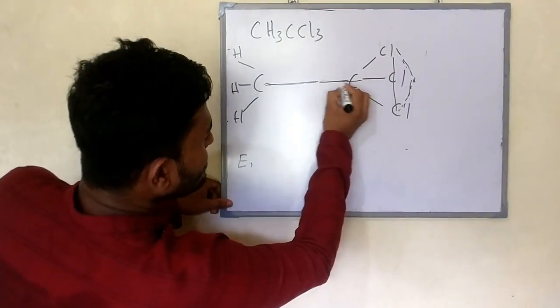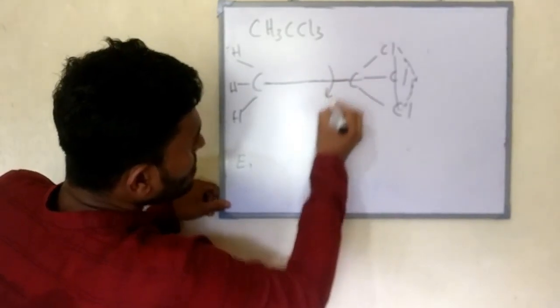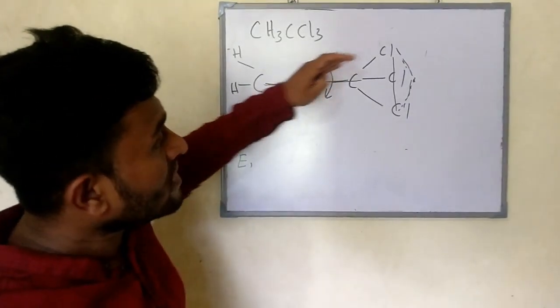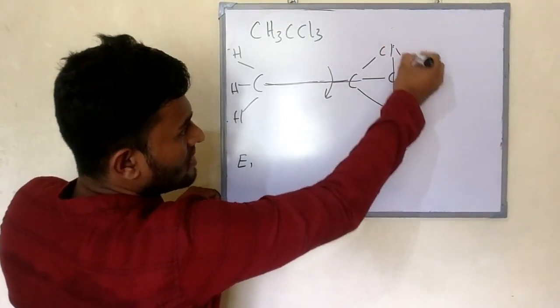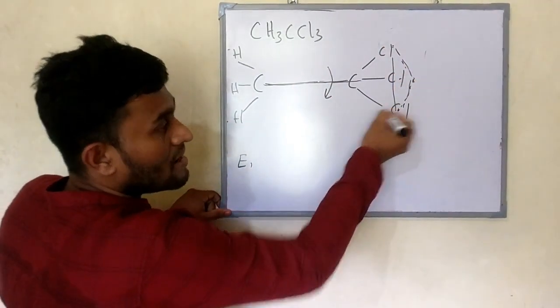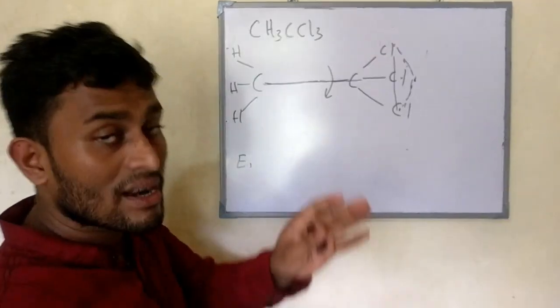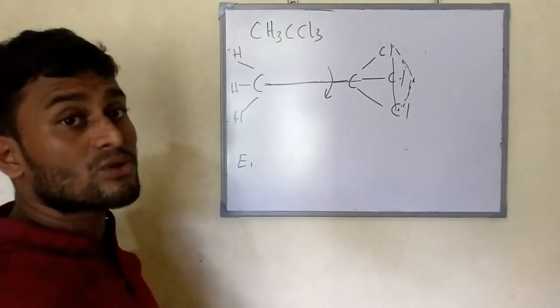And you can just rotate through 120 degrees. Then one Cl goes there, this Cl will come here, and this Cl will come here. So you can rotate around 120 degrees.